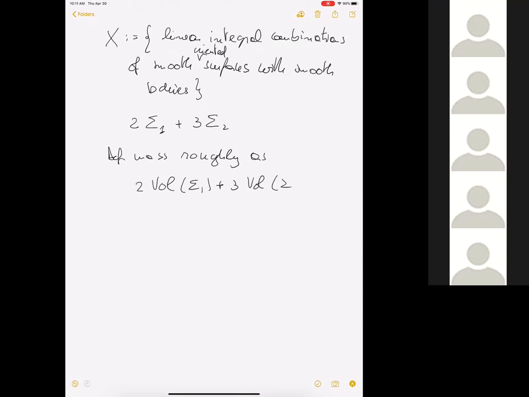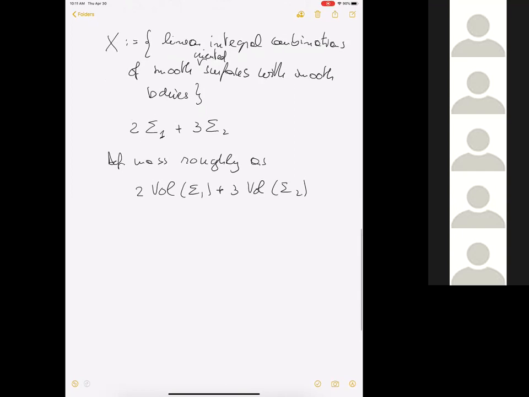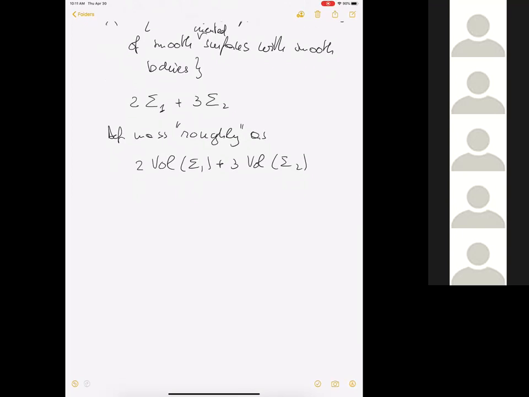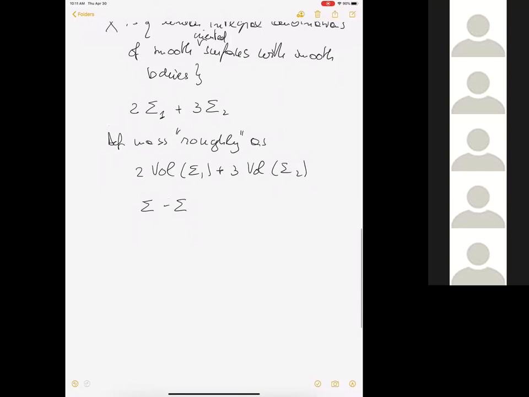In this particular example, of course, more in general, you have a finite linear combination and you take the sum of the masses. And I just say here roughly because you should not do something silly like if your object is something like sigma minus sigma, which of course you would interpret as the object being equal to 0, you shouldn't actually count the mass of this object to be 2 times the mass of sigma, but you should count it to be equal to 0.